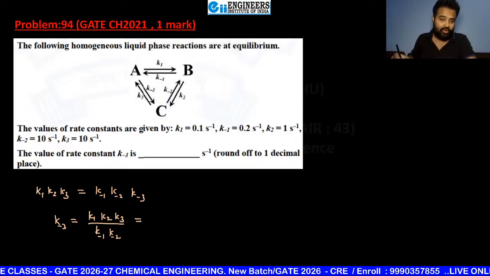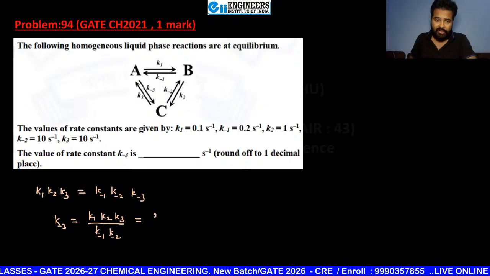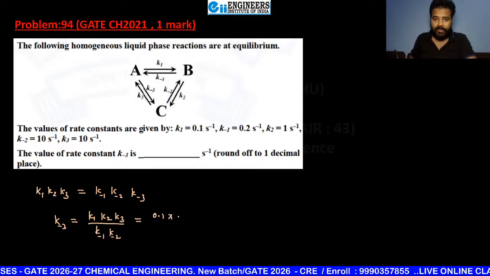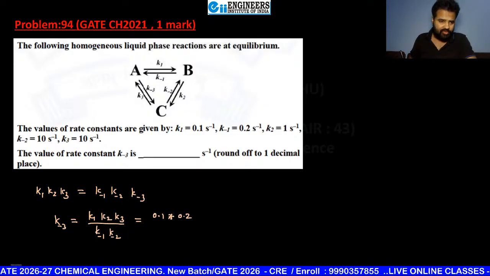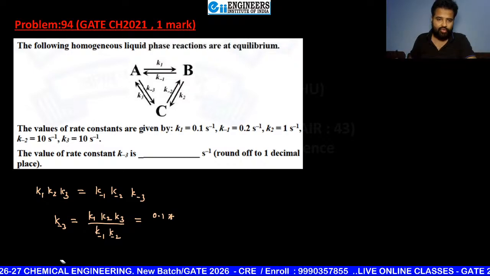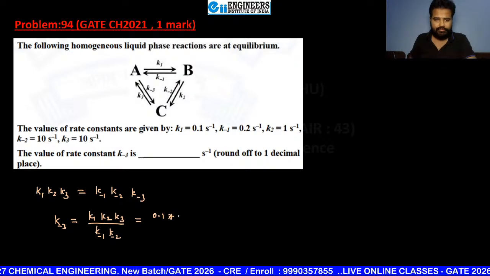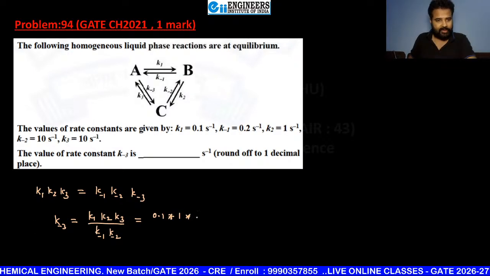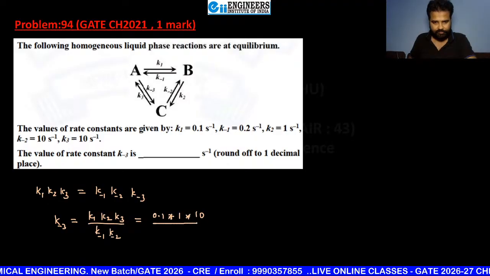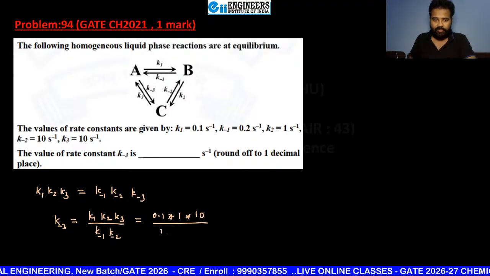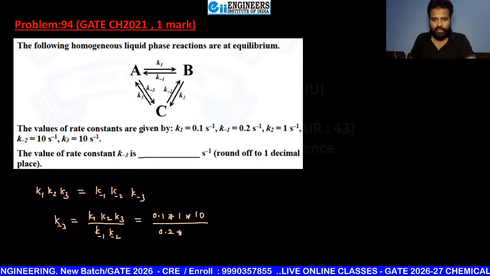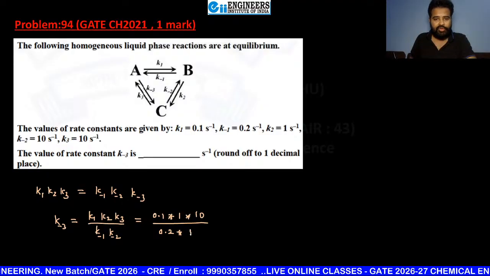And my dear students, after solving: k1 is 0.1, k2 is 0.2, oh sorry, k2 is not 0.2, k2 is 1, and k3 is 10, whole upon k minus 1 which was 0.2 and k minus 2 which is 10.